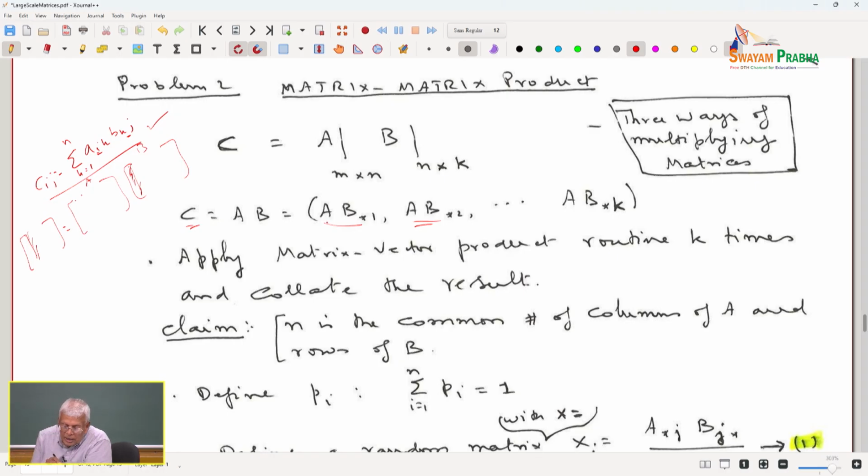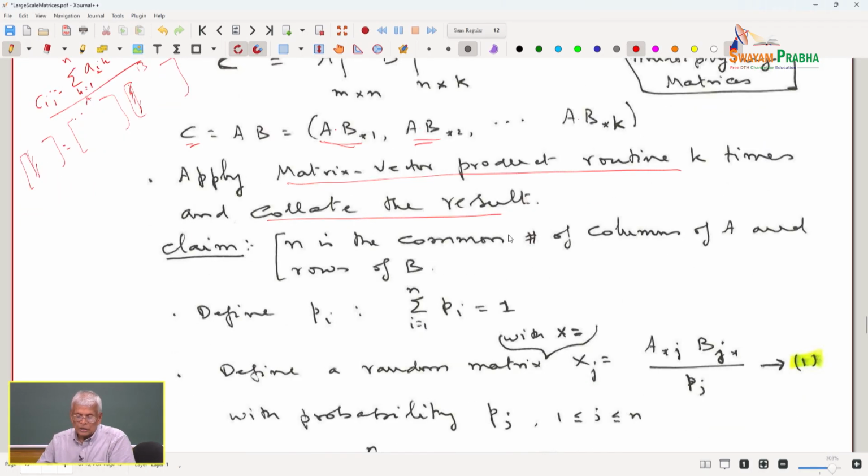We already know how to compute the matrix vector product a minute ago. So, this is the product of the matrix A with the first column, with the second column, up to the kth column. So, apply the matrix vector product routine k times and collate the results. You get the matrix C. Here n is the number of columns of A and the rows of B, because the number of columns of A and the rows of B must be the same for compatibility for multiplication.